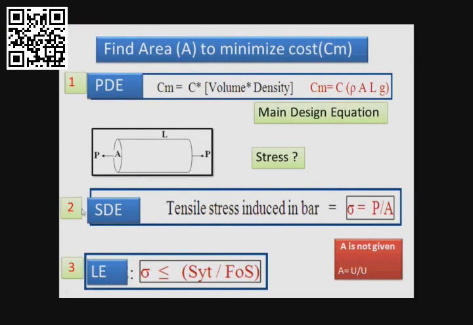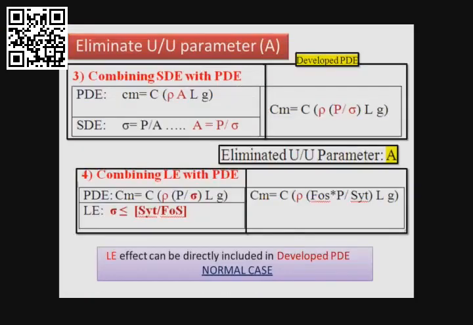So let us see how. This is the primary design equation, Cm is equal to C into rho into A L into G. The secondary equation is sigma equal to P upon A, so A is equal to P upon sigma. This A value we can substitute in the primary equation.